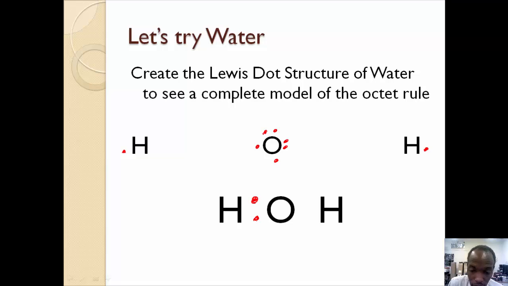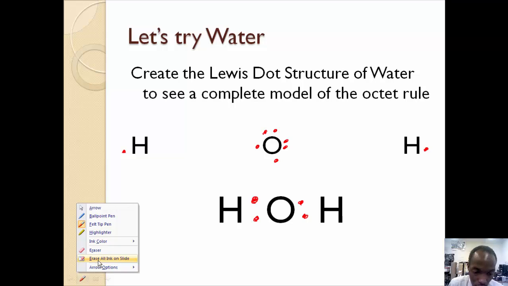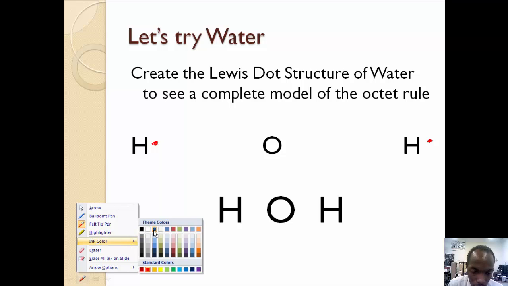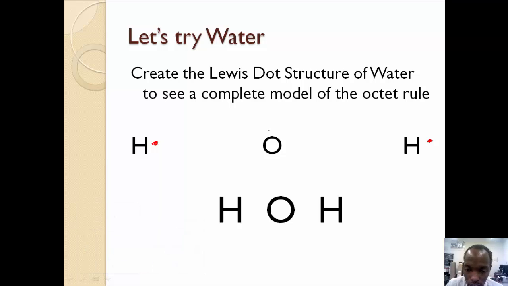They will match up here and here, or to show a different color so that we can see who the arrangements. So let's say we give hydrogen 1 dot, a red dot, give that hydrogen a red dot. I'm going to change my ink color up some, and I'm going to give oxygen blue dots. 2, 3, 4, 5, 6.